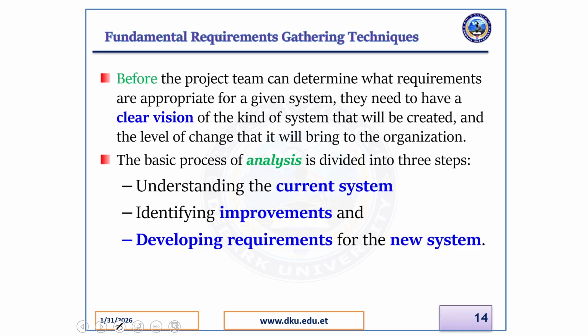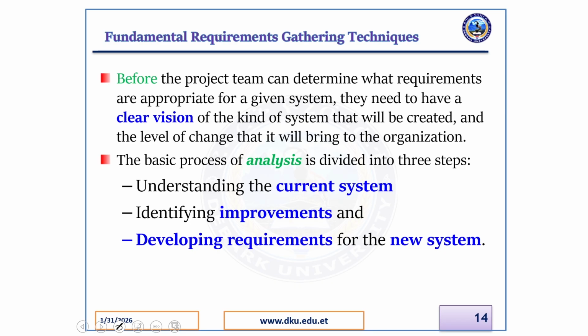So, here are the fundamental requirement gathering techniques. Before the project team can determine what requirements are appropriate for a given system, they need to have a clear vision of the kind of system that will be created and the level of change that it will bring to the organization. The basic process of analysis is divided into 3 steps.